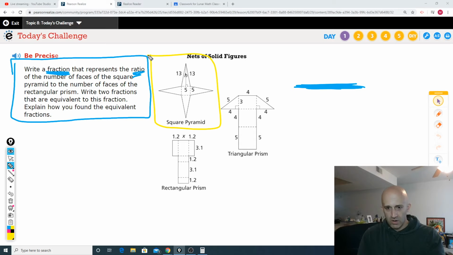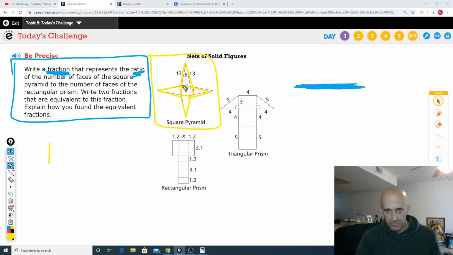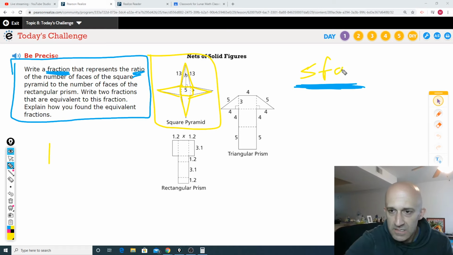A square pyramid has a square base, which is one face, and then you have your four sides, 1, 2, 3, and 4, which come up to a point when the net is put together. So the square pyramid has 5 faces.